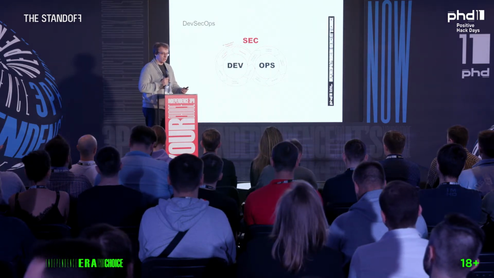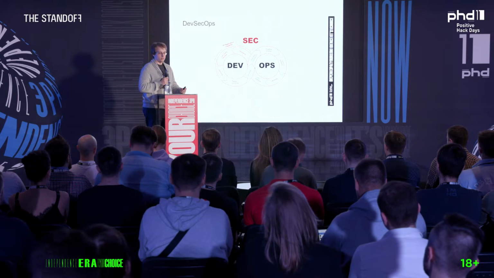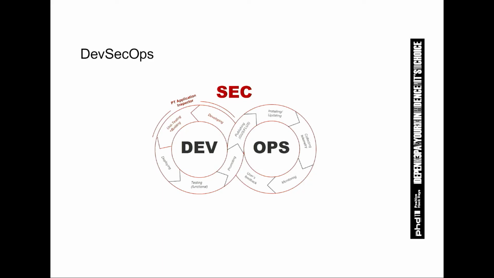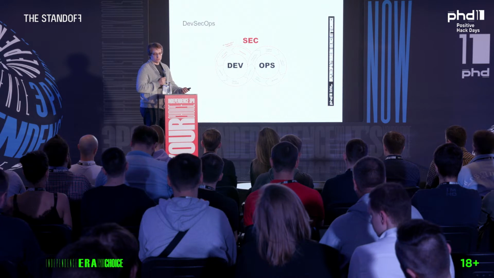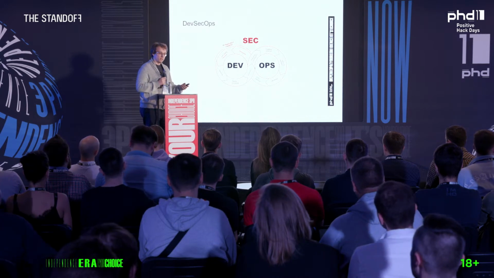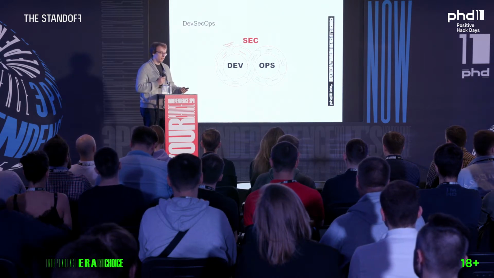Okay, let's start with the problem definition. I believe that many of you have seen this picture. So this is the life cycle for software development. In this case, we share with you the way we do it in our company. Well, the secure development approach.